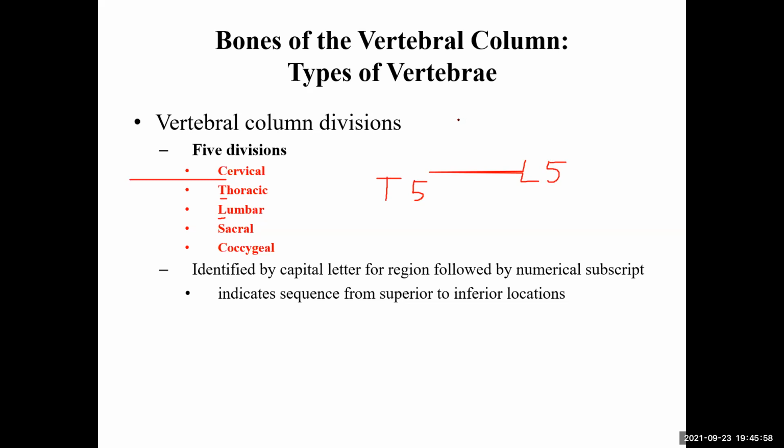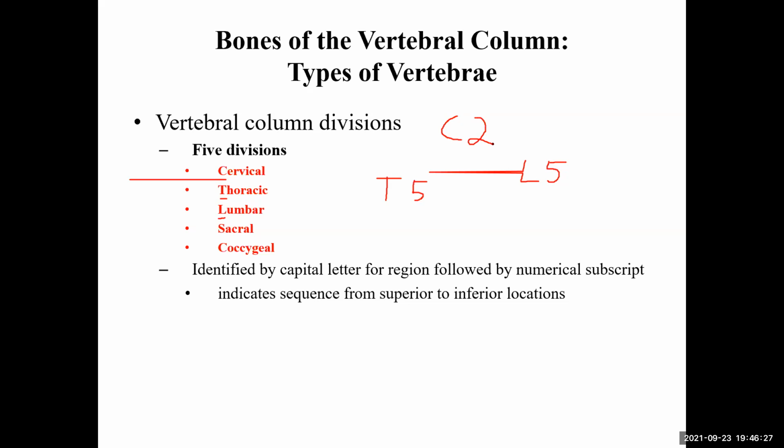Right? And if I was talking about the neck and I wanted to talk about the 2nd vertebrae in your neck, I would say C2. All right, so that's what we do. We just take the capital letter of whatever region, and then we throw a number behind it, and that tells us, okay, which region we're in and what vertebrae we're talking about. And we always number downward, okay? Meaning, the lower the number in the division, the higher it is in that area there.